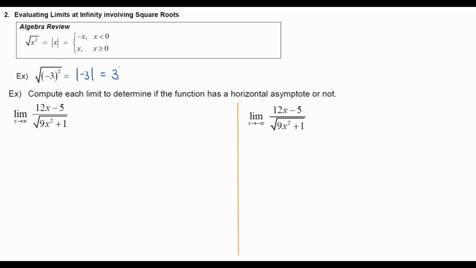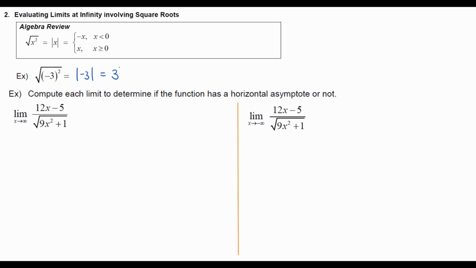Example: compute each limit to determine if the function has a horizontal asymptote or not. I have the limit as x approaches infinity of the quantity 12x minus 5 over the square root of the quantity 9x squared plus 1. If you were to substitute infinity for x, again, you get infinity over infinity.